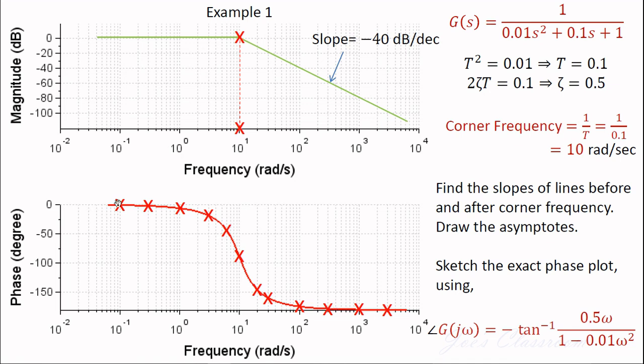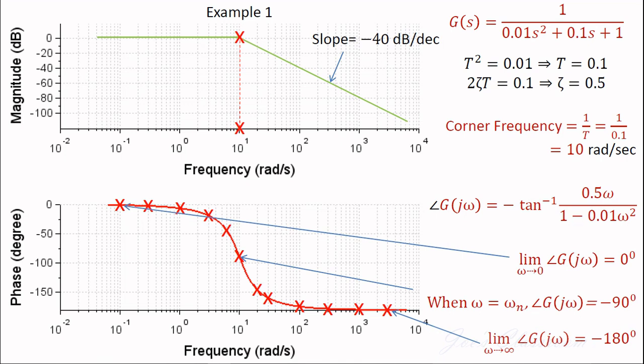So it is necessary to take more points, at least 2 points in a decade, so that you get a smoother curve. And the important point you have to note in the case of a phase plot is from which angle it starts and to which angle it goes as the frequency increases from 0 to infinity.